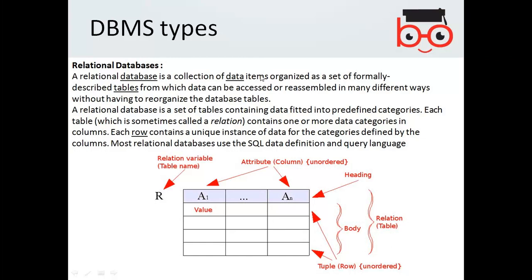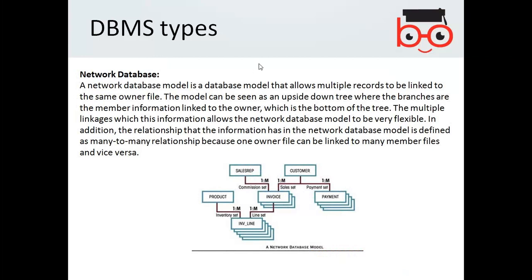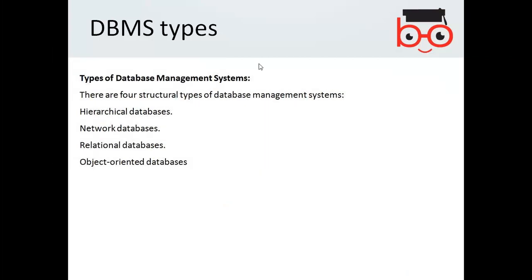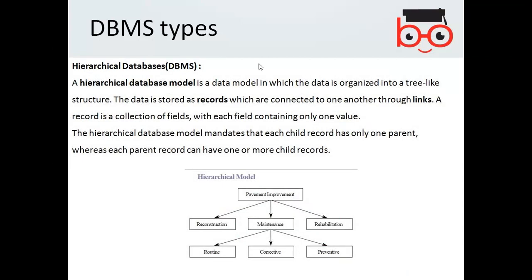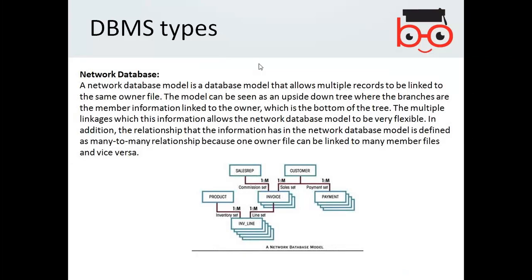This unit is relational database. We will discuss in detail the relational databases. However, the network databases, hierarchical databases, and object-oriented databases can themselves be units of a particular course, or they can be very big topics of study.